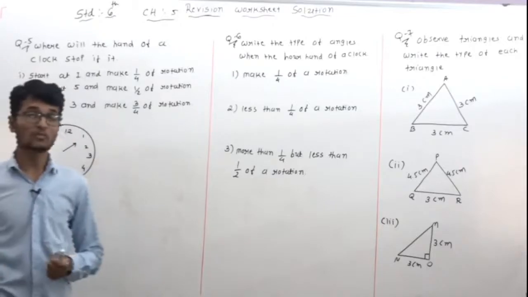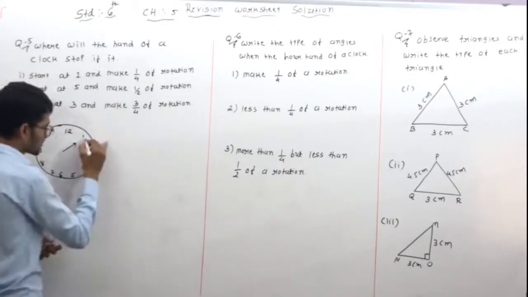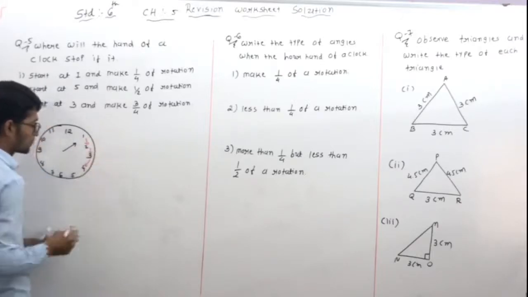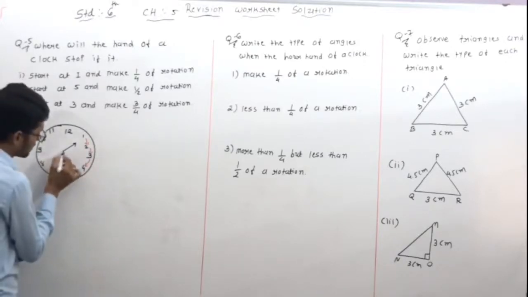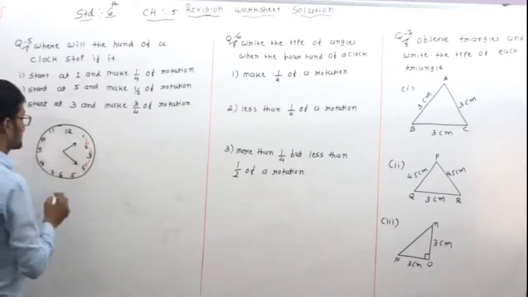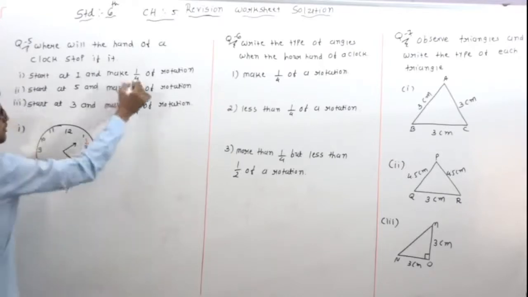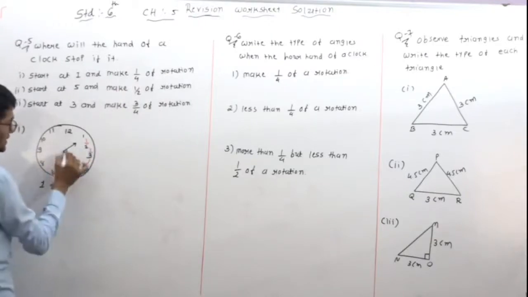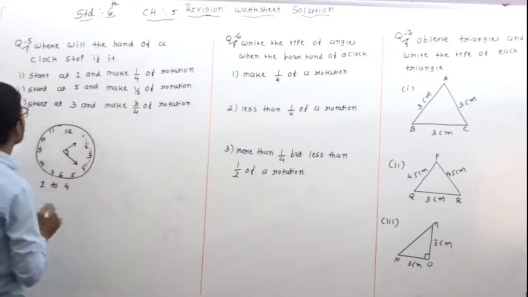In 90 degrees, how many? Total 3 distances: 1 to 2, 2 to 3 and 3 to 4. So the stop point is 4. 1/4 rotation means 1 to 4. This is the 90 degrees. Understand? Same for the second one.